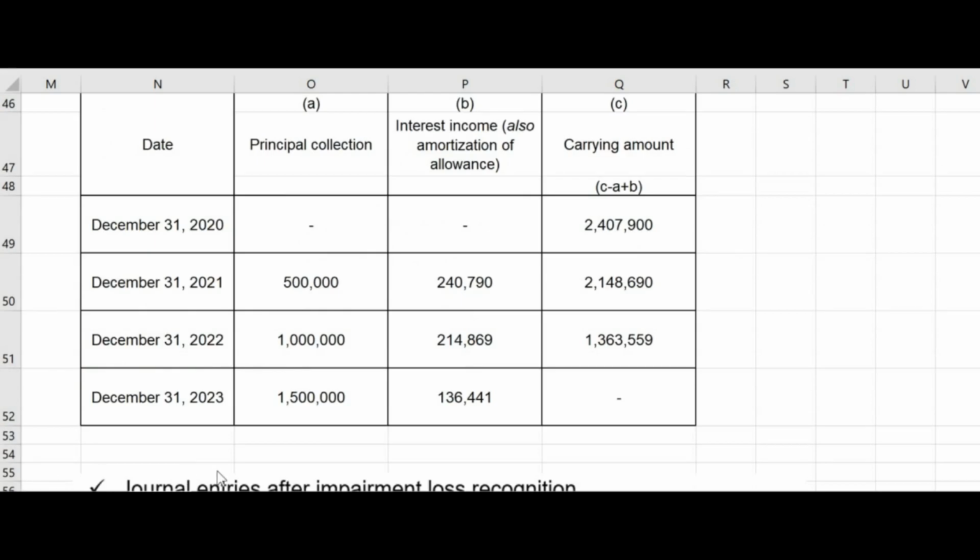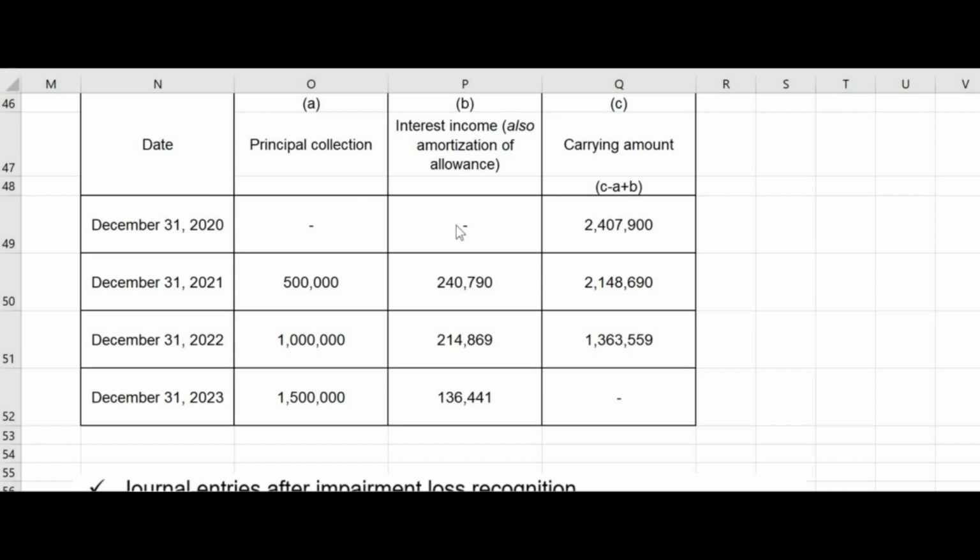So, let us proceed to the succeeding na mga computations pertaining to this impairment loss. So, what we have here is an amortization schedule for the allowance for loan impairment.